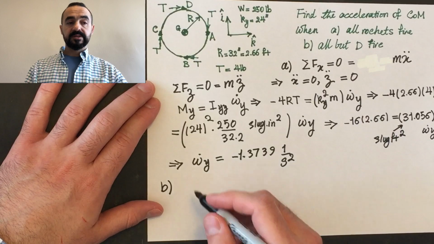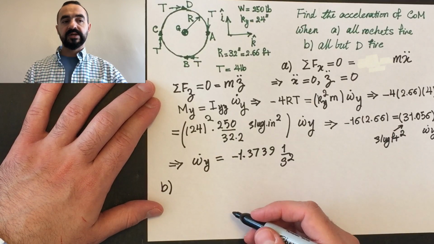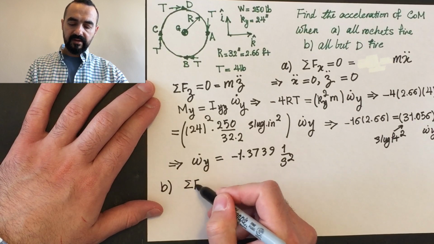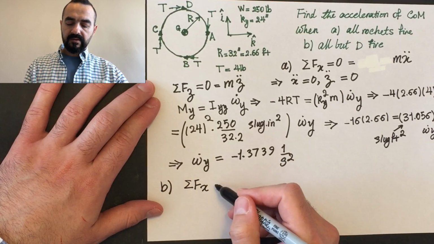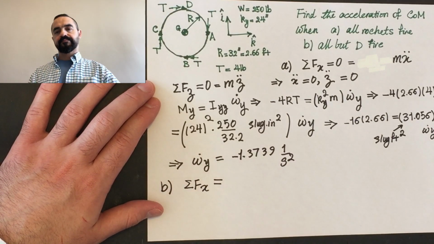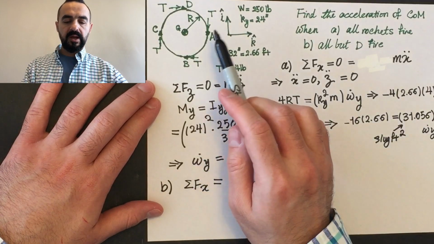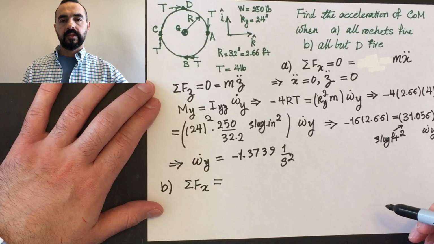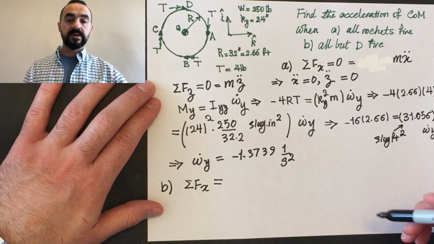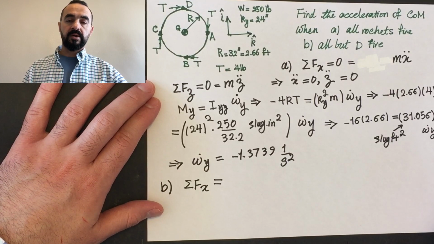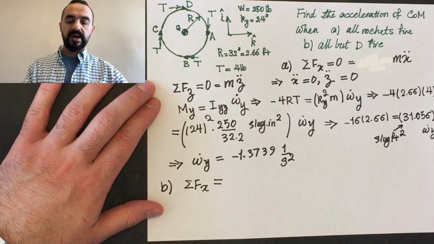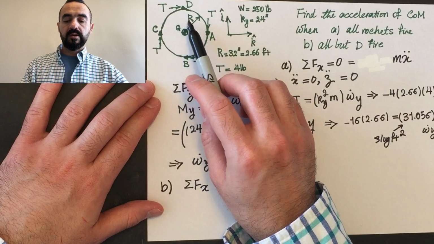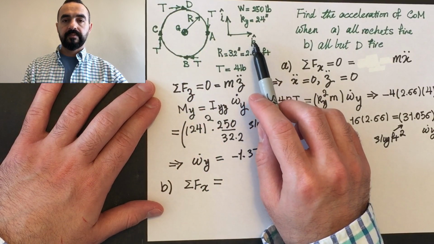Alright, so let's start with the translational equation of motion. Sigma Fx is equal to what? So again, A, B, and C are on. If we sum all the forces along the x direction, B and D were along the z direction.